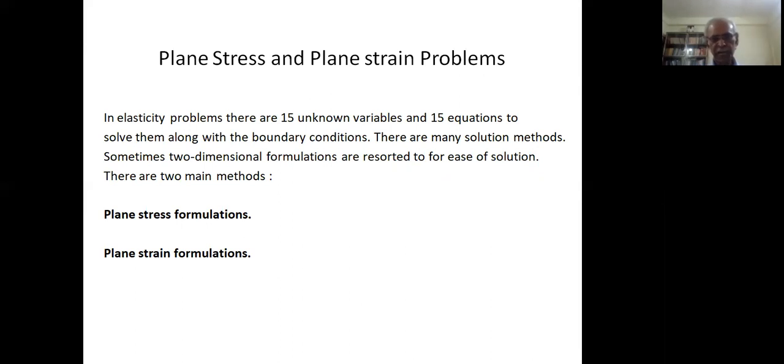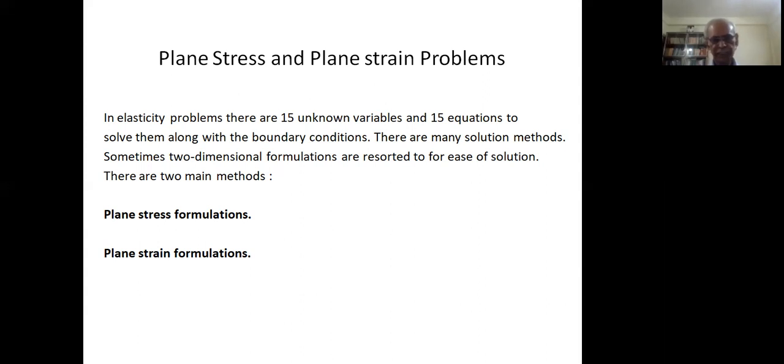And we have also got 15 equations: compatibility equations, equations of equilibrium, and continuity equations. So we have got 15 unknowns and 15 equations, and we also have boundary conditions. Along with that, we can solve them easily.